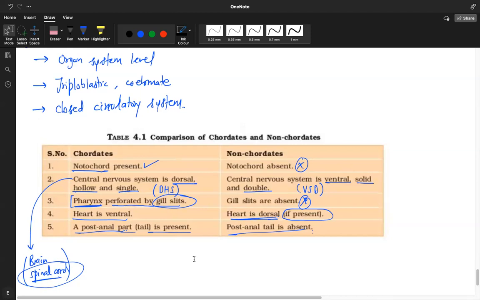In chordates, the pharynx is perforated by gill slits, and in non-chordates, gill slits are absent. In chordates, the heart is ventral, and in non-chordates, the heart is dorsal. And in chordates, the body has a post-anal part, the tail, which is present, and in non-chordates, it's absent.